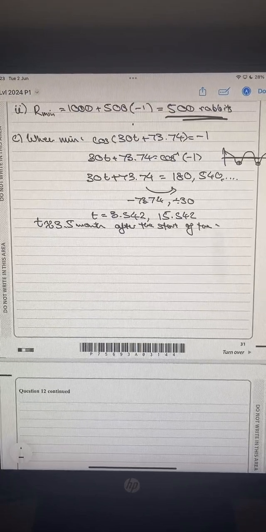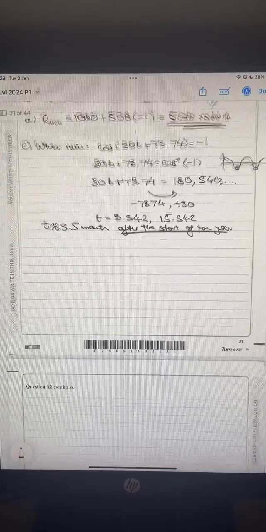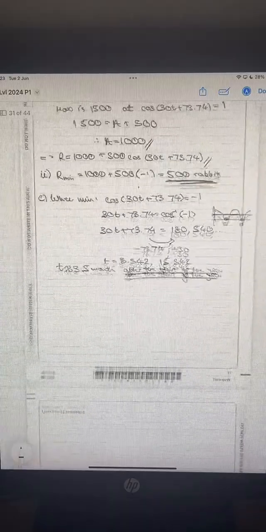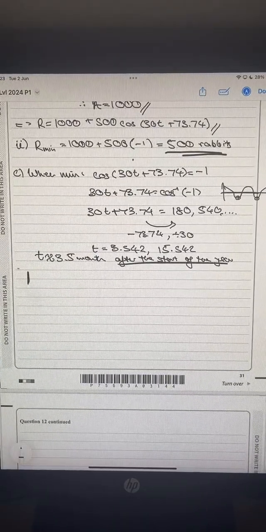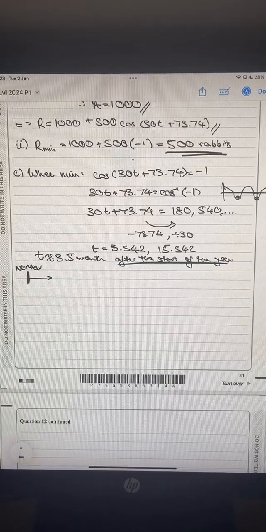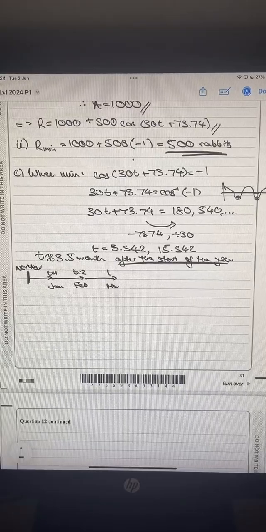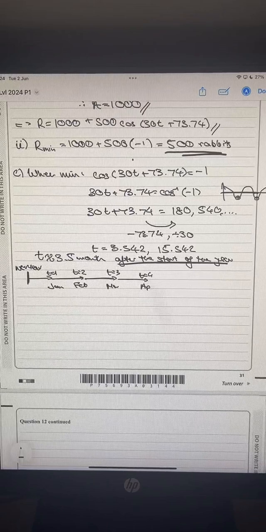Now we need to check, is that the middle of, I think they said April, right? So mid-April. Now check this carefully. If we have the start of the year, which is this line, so this is New Year. After t equals 1, we're in Jan. Then we have Feb at t equals 2, March at t equals 3, and then April at t equals 4.